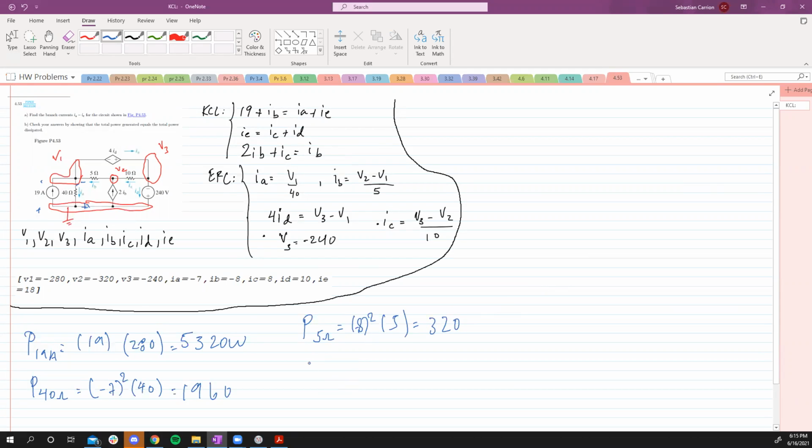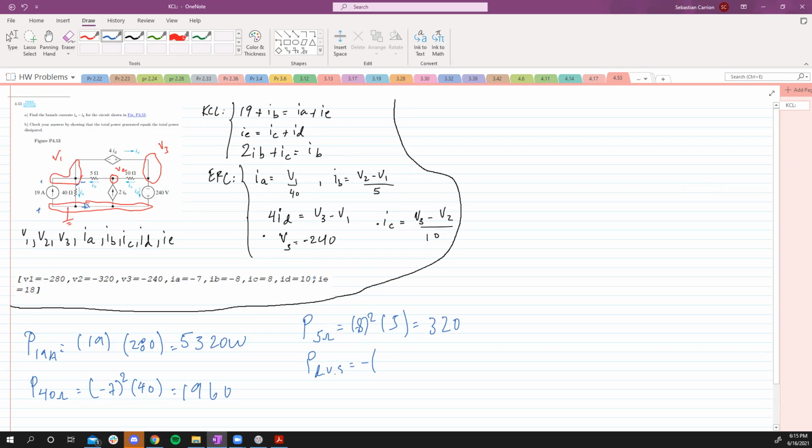Then we've got the power of the dependent voltage source. For ID, we know that current is leaving the positive terminal, so we know it's negative. Say IE. IE is equal to 4 times ID.